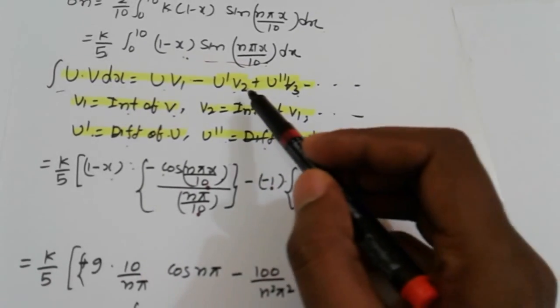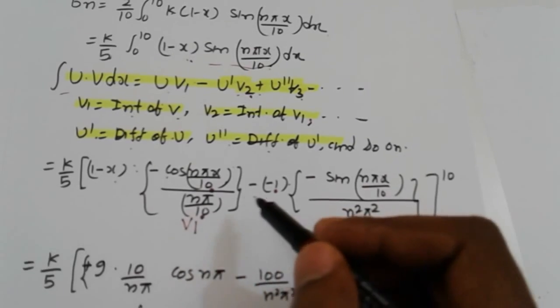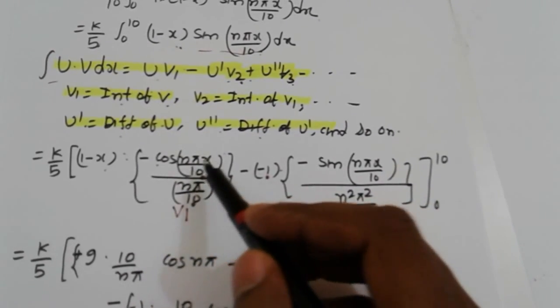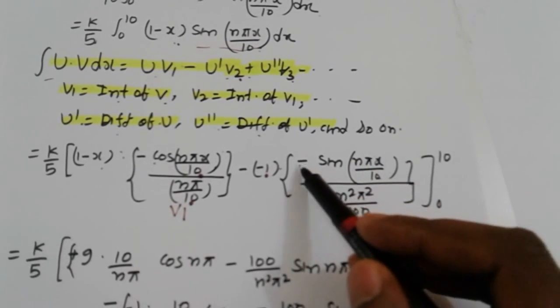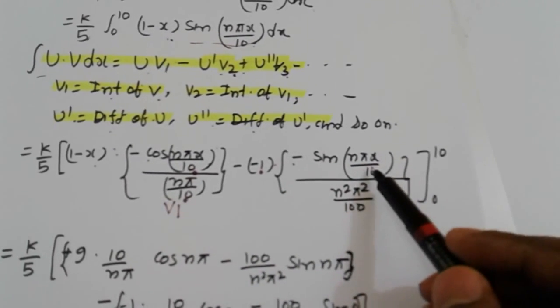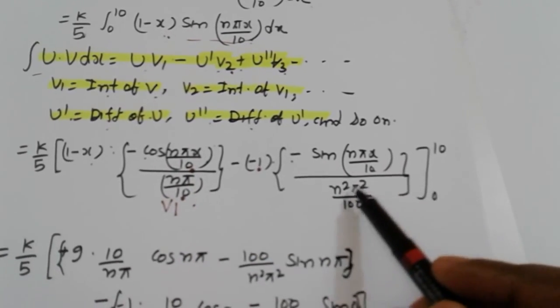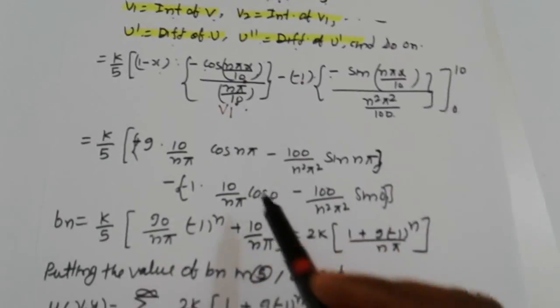Again u' into v2, that is the integration of v1. Integration of cos(nπx/10) is sin(nπx/10) divided by nπ/10, so we get n²π² upon 100. Now from 0 to 10.